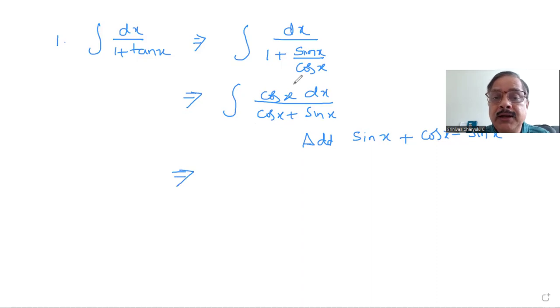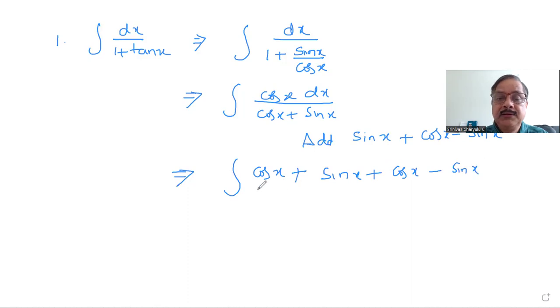Then in the numerator we are having cos x. So by adding this term, just observe what you will get. Cos x plus all these three terms you add: sin x plus cos x minus sin x, whole thing divided by the denominator.